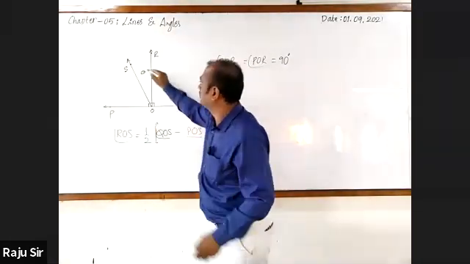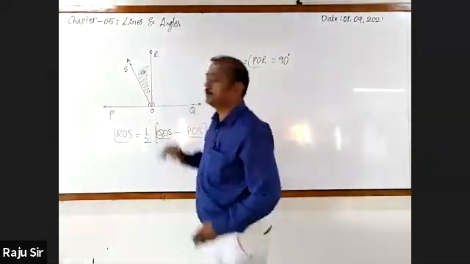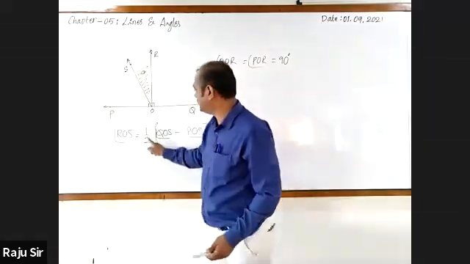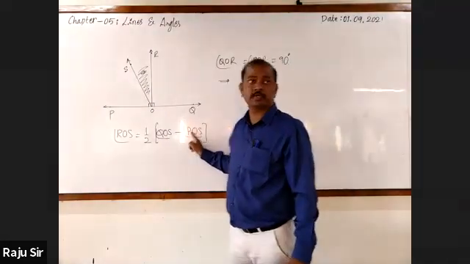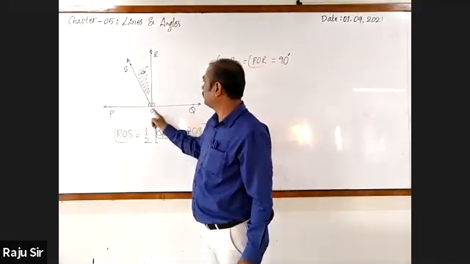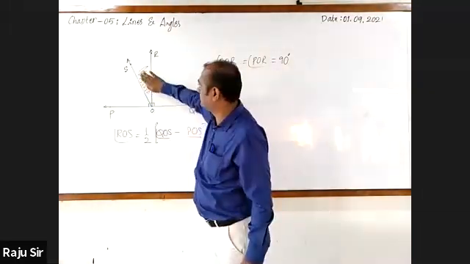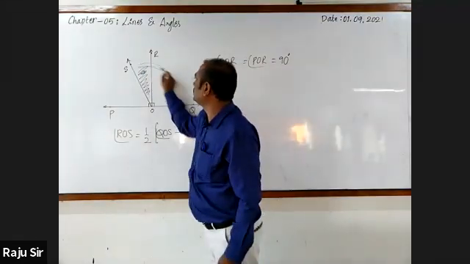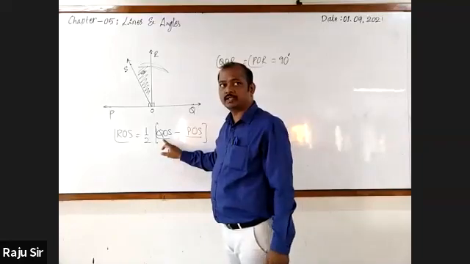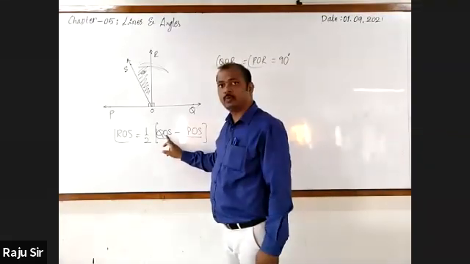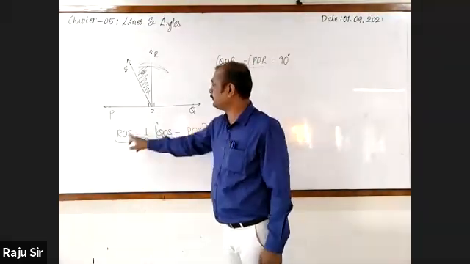ROS, this angle, is half of QOS minus POS. QOS, this full angle. Can we write QOS in terms of ROS?